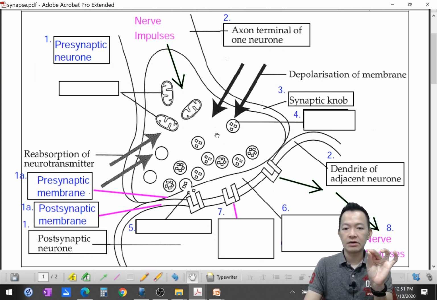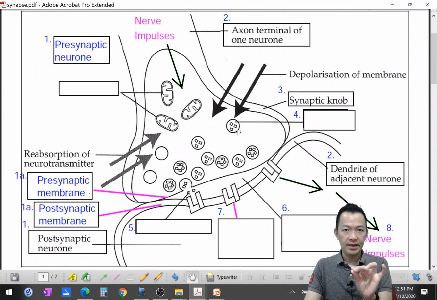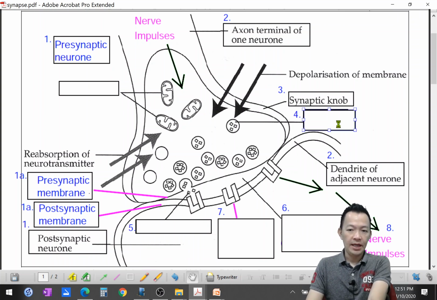When the impulses come to the synaptic node, it will trigger the synaptic vesicle.